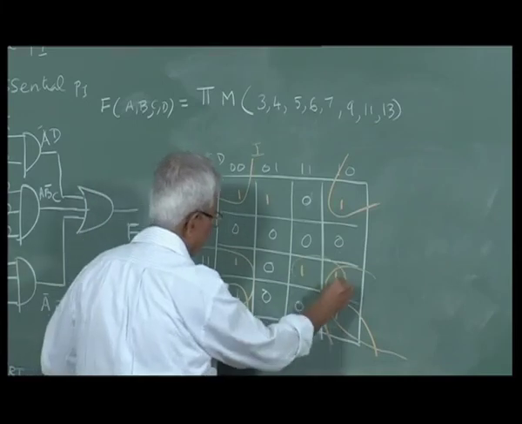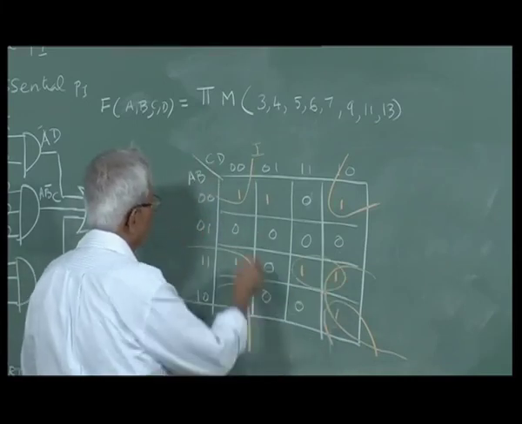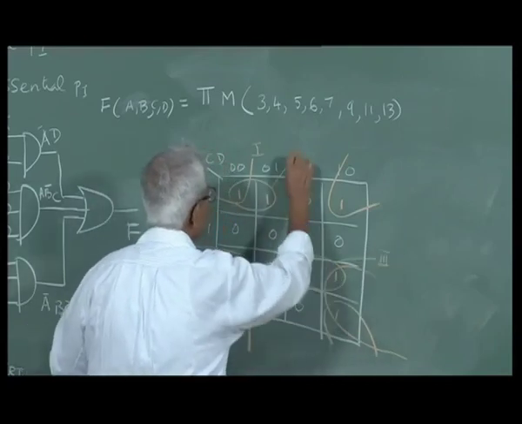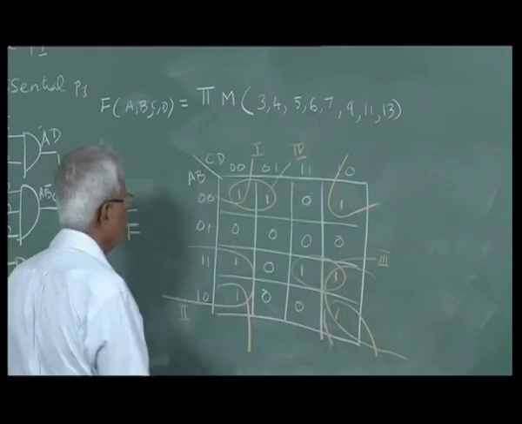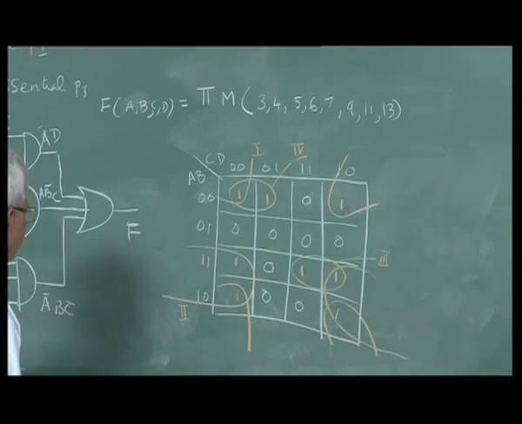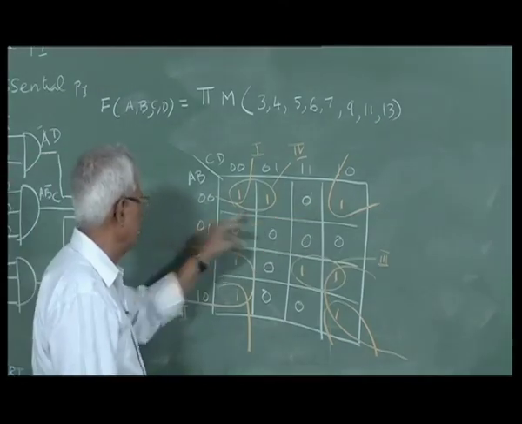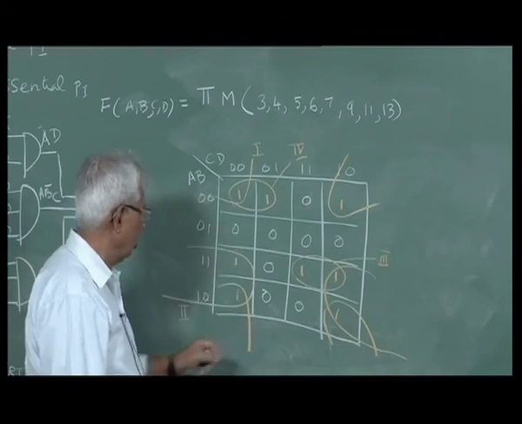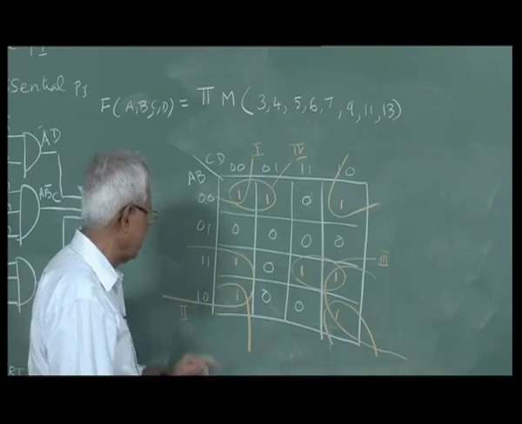Prime implicant 3. Everything is an essential prime implicant because these ones get covered in this one, and this one gets covered in this one, and this one gets left out. So all of them are essential prime implicants, EPIs.